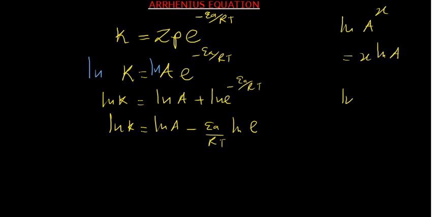Well, ln e is equal to 1 because they are inverses of each other. So where there is ln e, we're going to put a 1. So this becomes ln k is equal to ln A minus EA divided by RT.